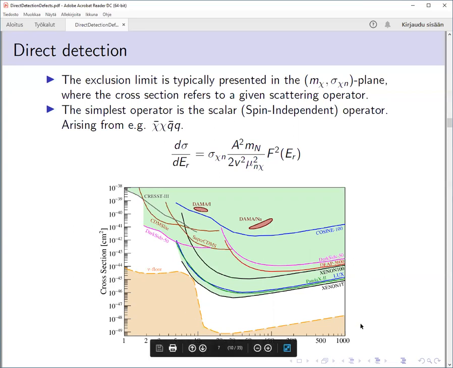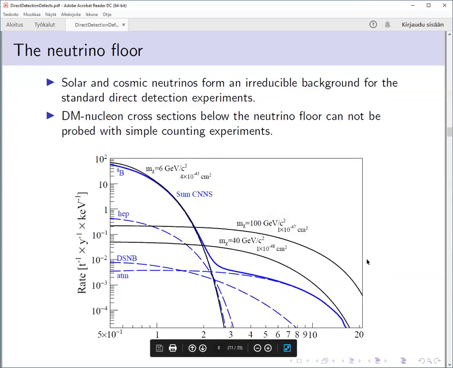The neutrino floor that we saw here at the bottom comes from the neutrino background. Of course, a neutrino hitting a nucleus in your target looks exactly like a dark matter particle hitting the nucleus. The neutrino comes from nowhere, you don't see it coming, and then it just hits your nucleus. So you get an energy deposition in the target.